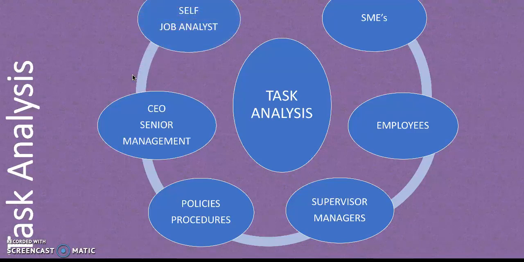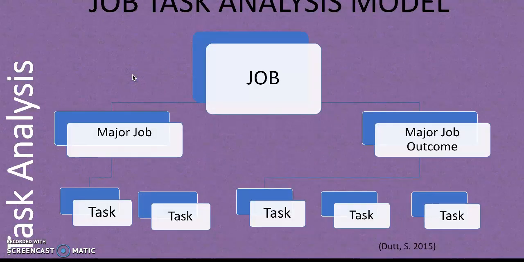The job analyst reviews all tasks and subtasks and assesses the performance and understanding. They provide formative feedback to all in the organization that have a need to know. The job task analysis model.